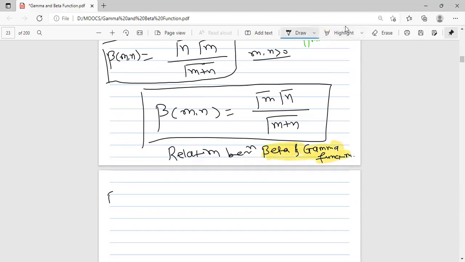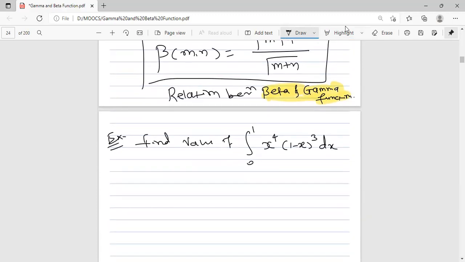Now I will take care of it. Find the value of the integration from 0 to 1 of x raised to power 4 into 1 minus x raised to power 3. I will find this value.